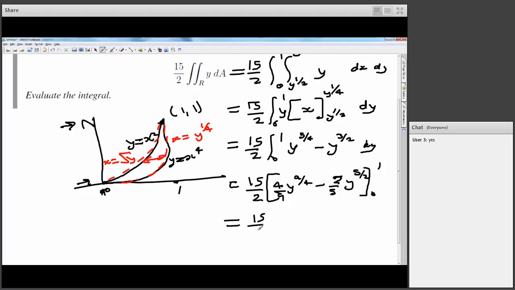Sub in 1, you get 4/9 minus 2/5. Sub in 0, you get nothing. That's a bit lazy, isn't it? So it's 20 minus 18 over 45, so it should be a third, I reckon. That's the answer.